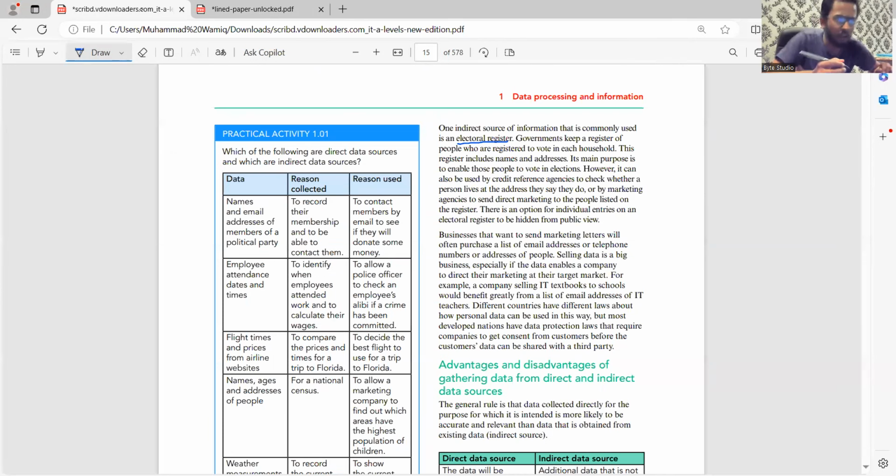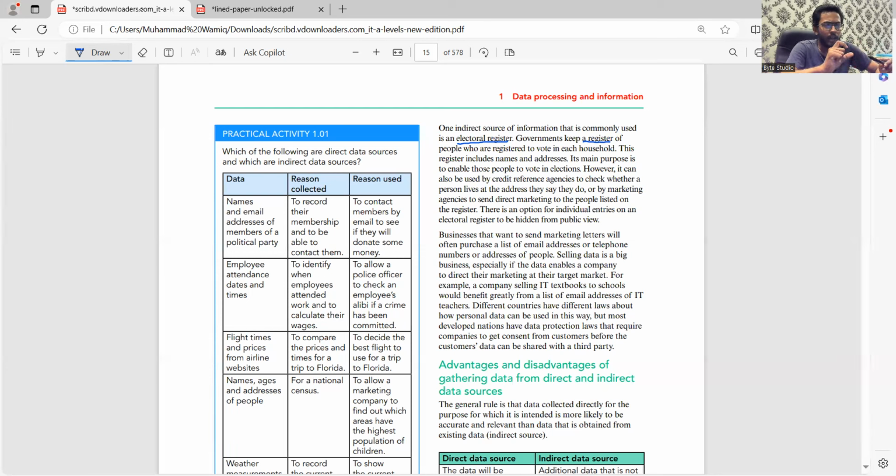Basically, there are governments and organizations that keep a register of people who are registered to vote in their households. Similarly, that register contains the names, the addresses, and the people who are elected, or it enables them to vote in the elections. For example, if you want to vote, you have to be 18 plus.